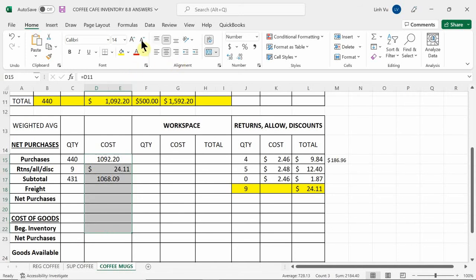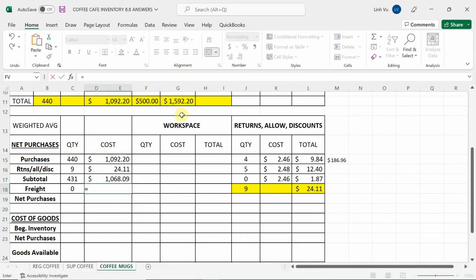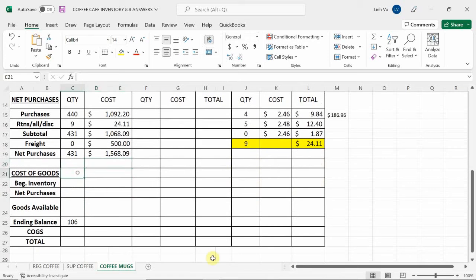Now, of course, freight adds to the total cost, it does not add to quantity. So 500. So I have 431 units at a grand total of 1,568.09. Correct.